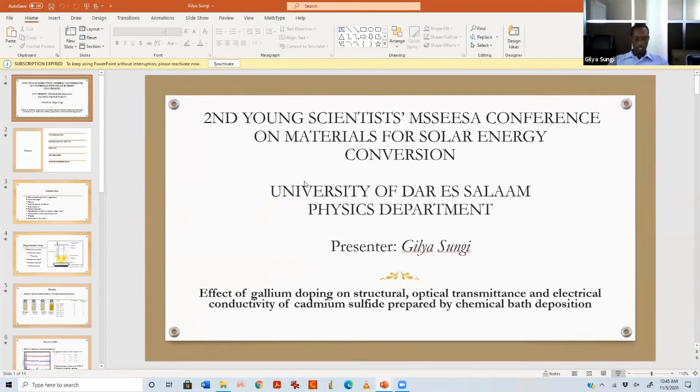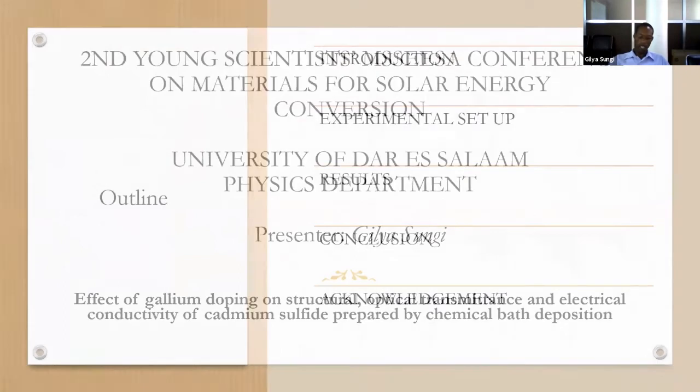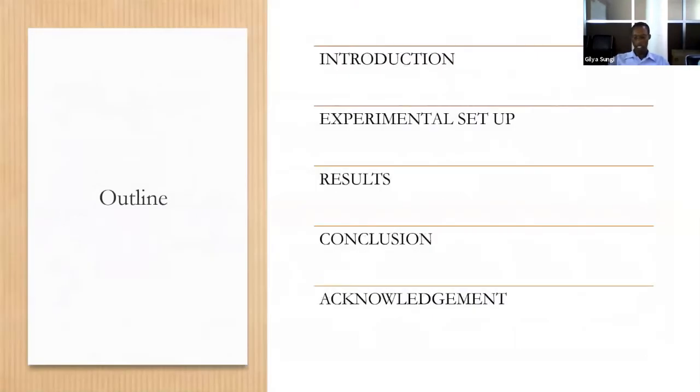I'm presenting the effect of gallium doping on structural, optical transmittance, and electroconductivity of cadmium sulfide prepared by chemical bath deposition method. And the outline of the presentation is as can be seen on the screen.